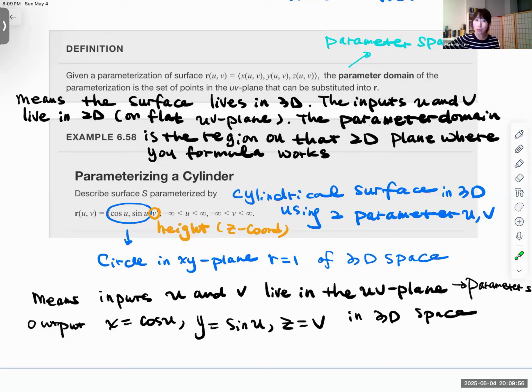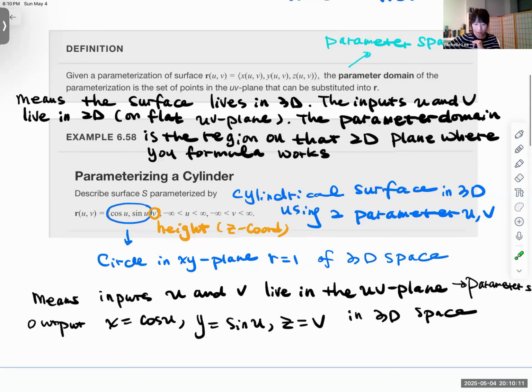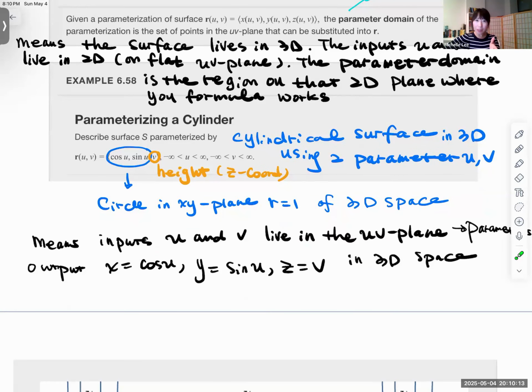Cosine u, sine u is a circle in the XY plane, the unit circle, so r equals 1. The input u, v lives in the UV plane, two dimensions, and we call u, v the parameters. The output is x equal to cosine u, y equal to sine u, z equal to v, in 3D space, of course, because we're using x, y, z.